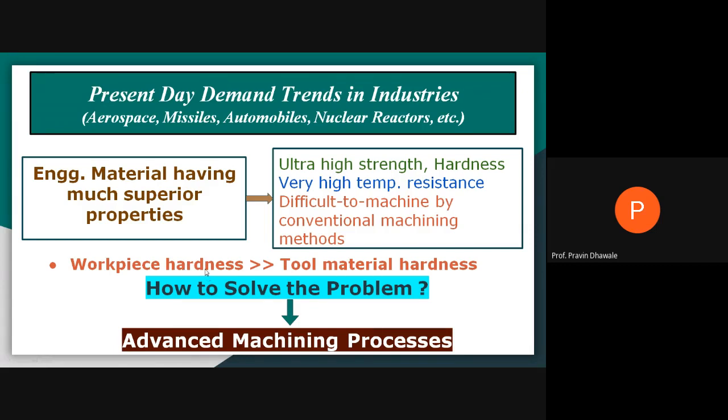To machine certain kinds of material, we require a tool which has very high hardness. So, in order to solve such a problem, like machining of workpieces having very high hardness, we require a certain solution, and that solution is nothing but the advanced machining process.